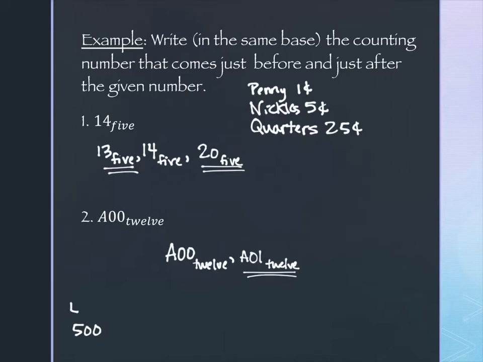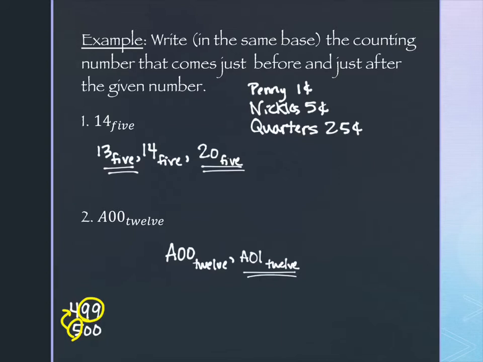And let's examine what we did to get 499. Well, the 5 became 1 less. Agree? Yep. And in the ones place and the tens place, I used the biggest digit existing in my number system, 9s. Yeah? So we do the same thing in this base.